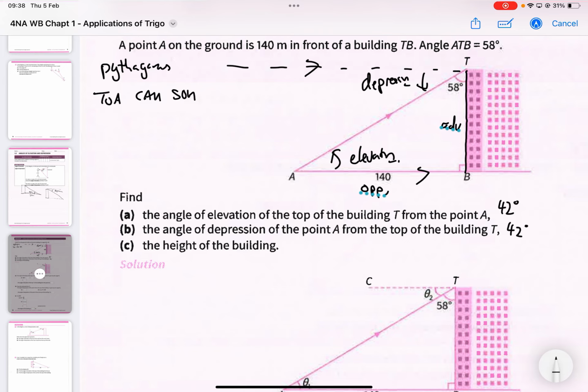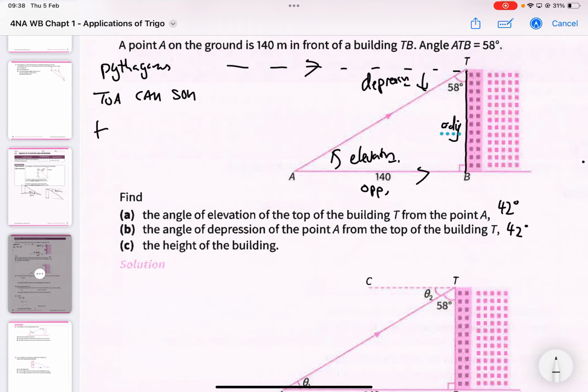TB is the adjacent, ADJ, sorry. Then I want to use my opposite to find my adjacent. Opposite and adjacent are linked by tangent. TOA. So I must use the tangent of this angle.